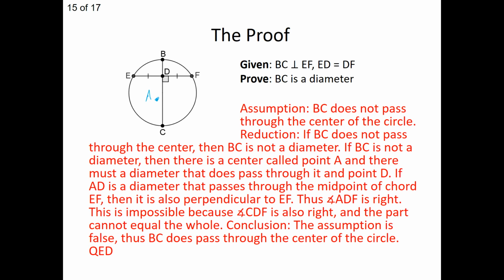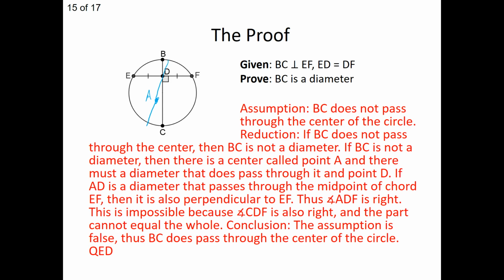Okay, so if BC is not a diameter, but there's our center point A, that means there is a diameter that does pass through point A and point D, because point D is not part of the diameter BC. That means there is a diameter that does pass through point D and point A. So there's our diameter.